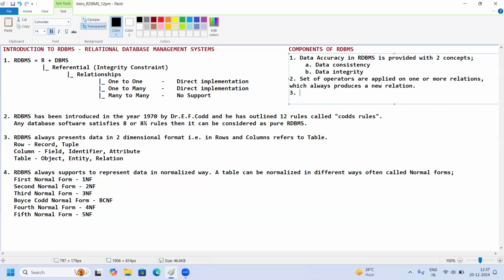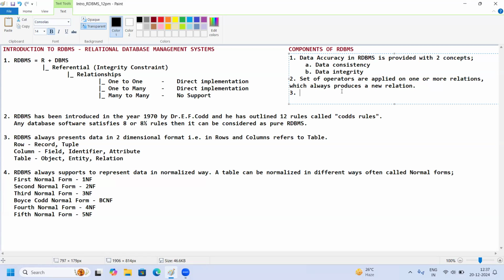You call them relational operators, logical operators, arithmetic operators, special operators. You are provided with set operators and the negation operator.